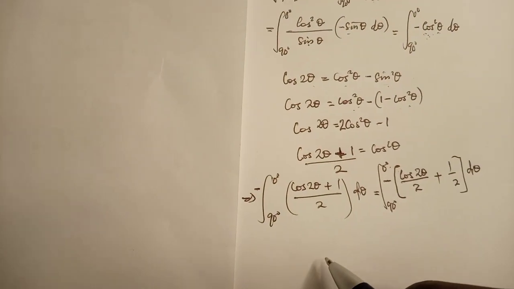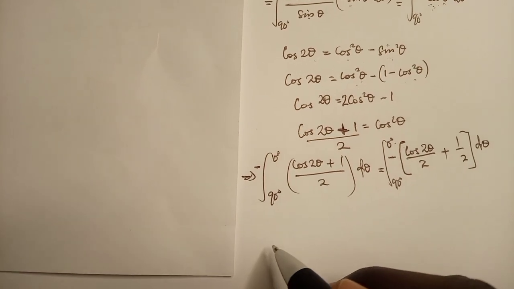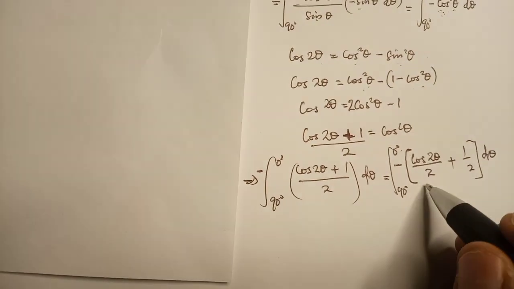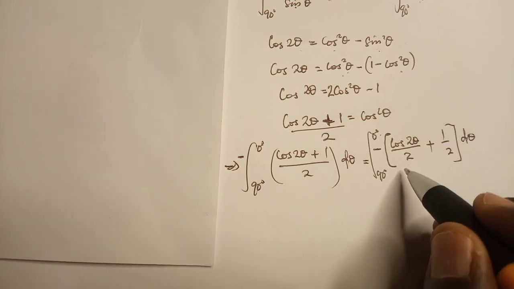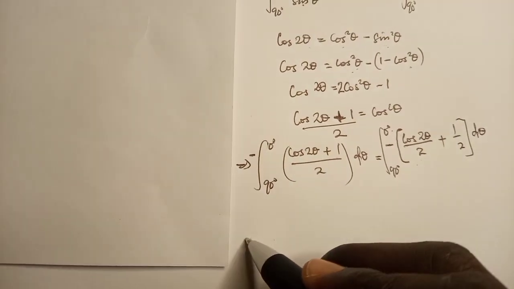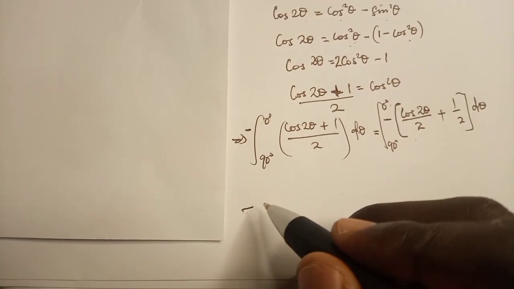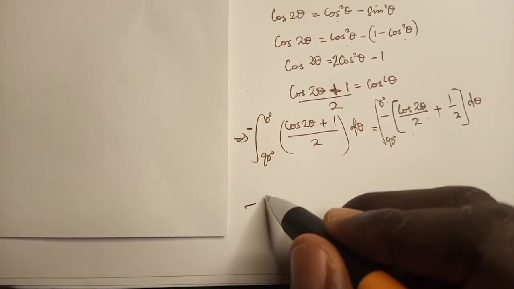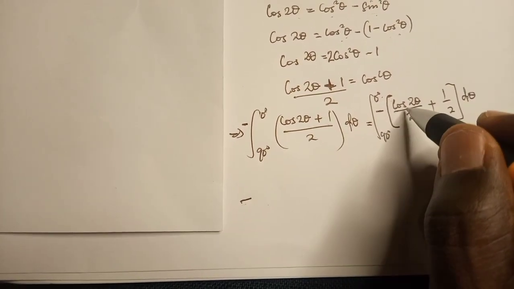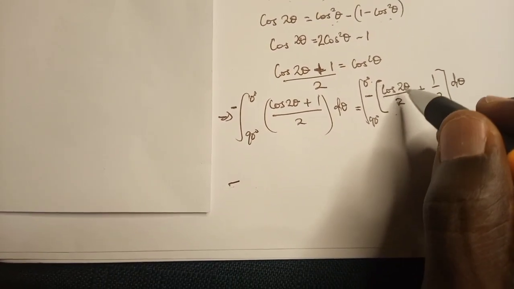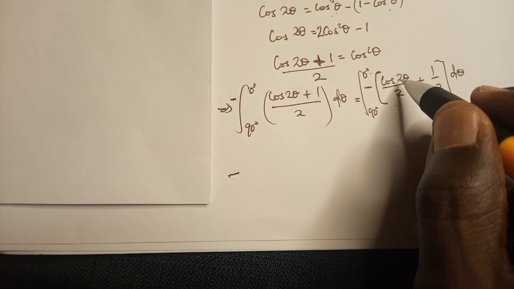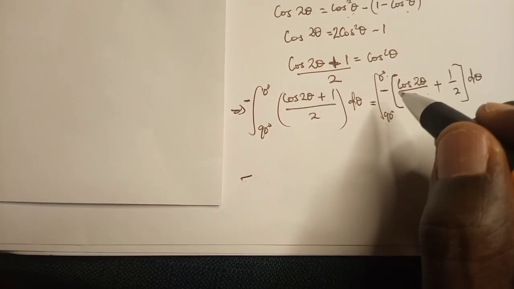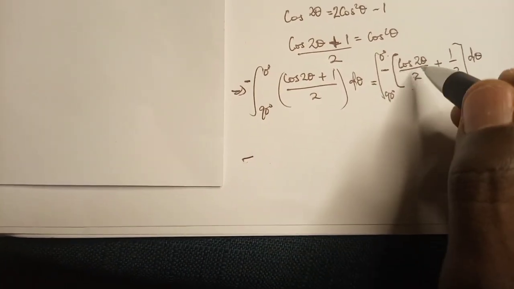So we have now, this will be equals to, so we take this now separately. So we have negative, the first one. When you differentiate this one here, you'll be getting sine. So we have cos theta.